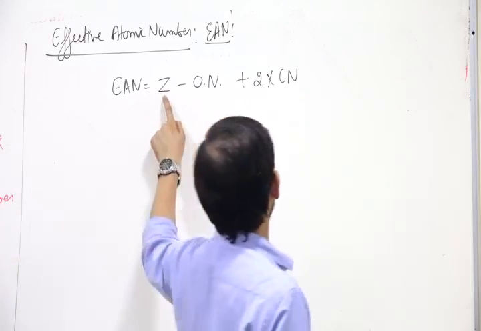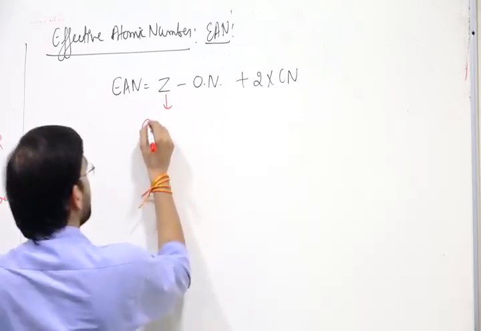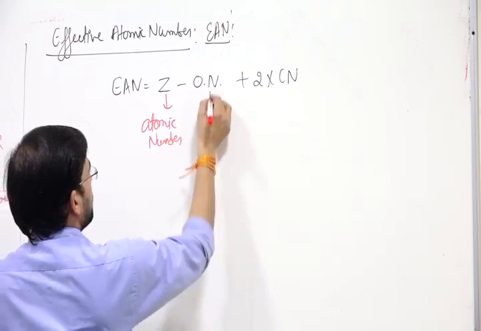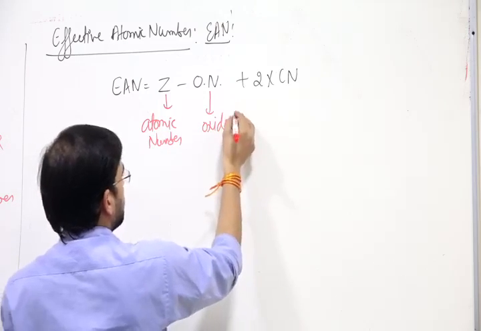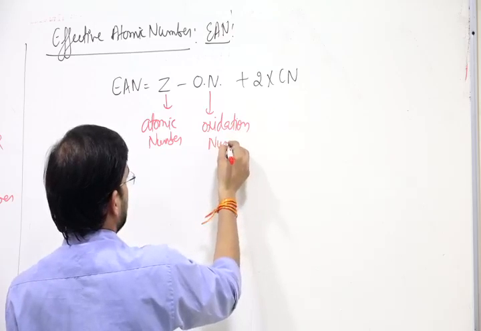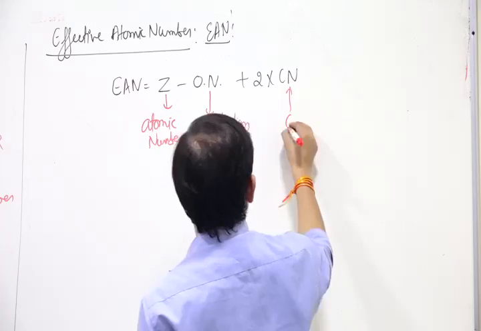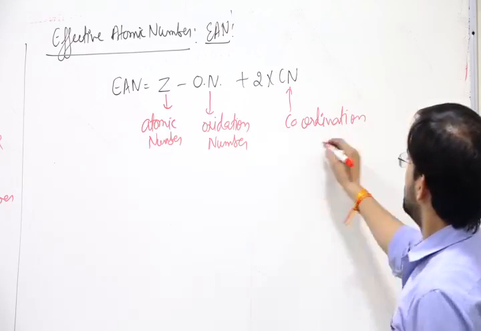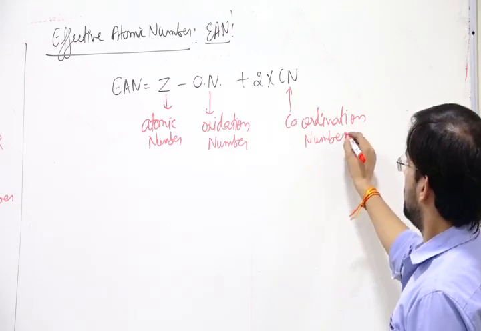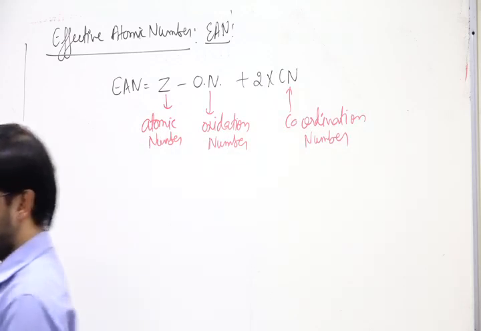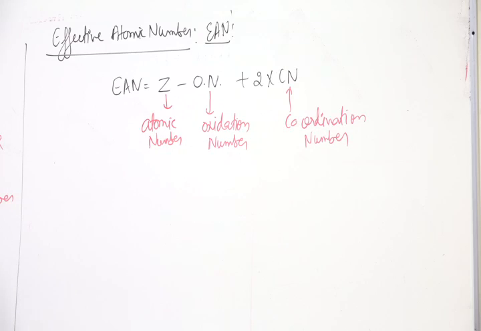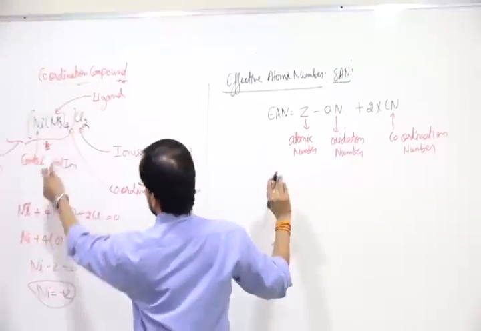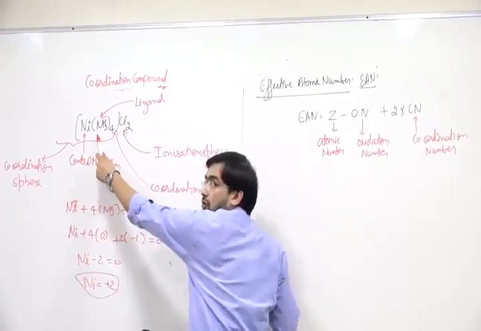Effective atomic number equals Z. What is Z? Atomic number. What is ON? Oxidation number. What is CN? Coordination number. Now, I am going to solve this question on the full board. I am going to find EAN for this compound, okay?